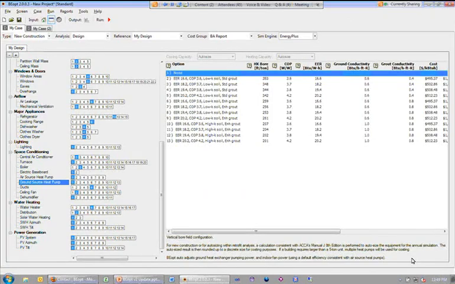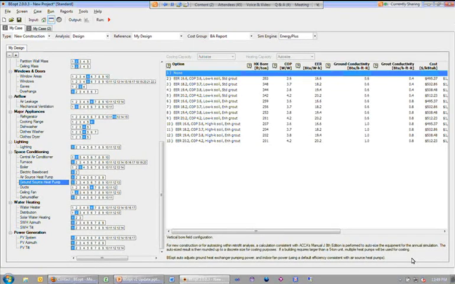The one thing that you'll find here is that as you choose these better or worse options, what happens is that it doesn't so much impact the performance of the system, but it impacts the cost.